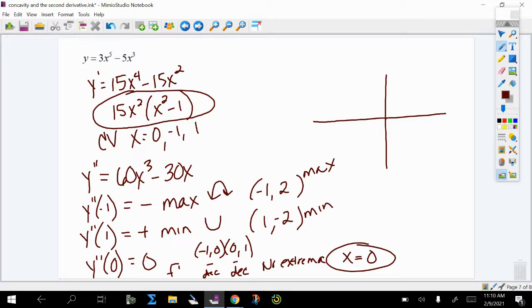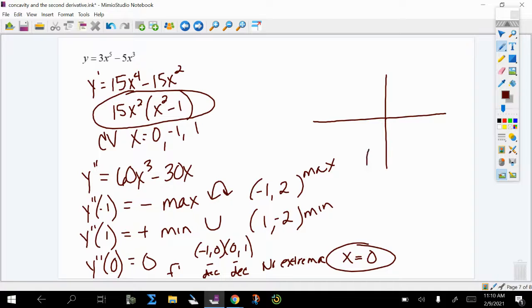So if you were to graph this, sorry, my calculator is giving me fits. So if you were to graph this, 3x to the 5th minus 5x to the 3rd, this is what this looks like.